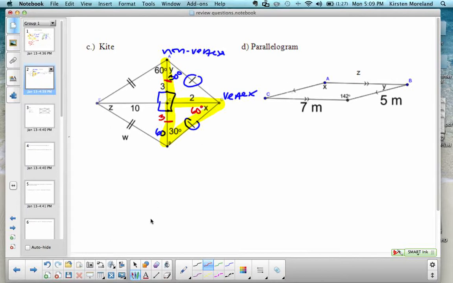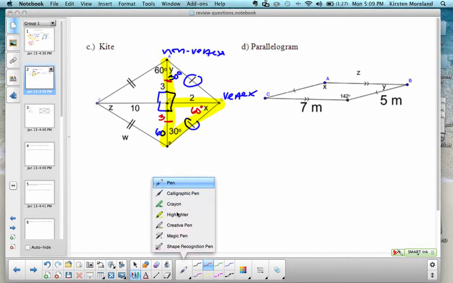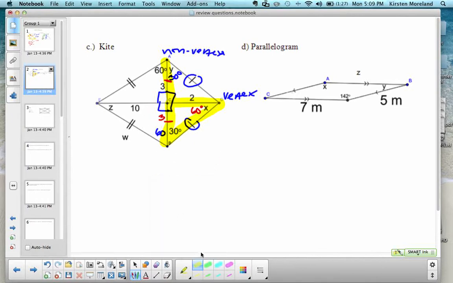Second triangle we're looking at is this one. So to find z, we're going to do 60 plus 90, which gives me 150, subtract from 180, leaves me with 30 for z.